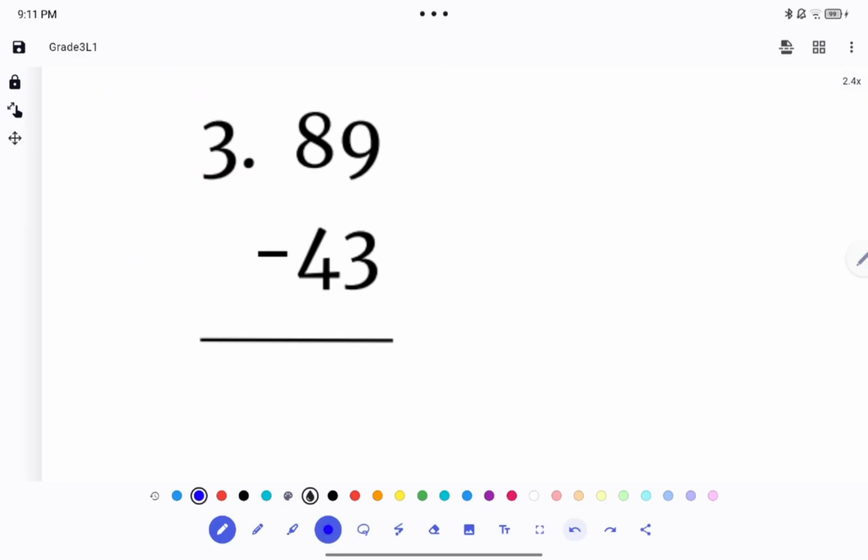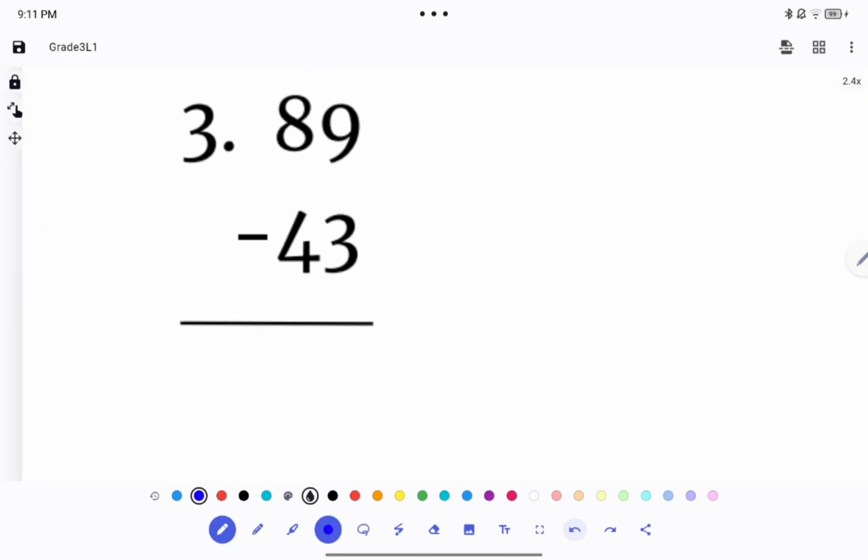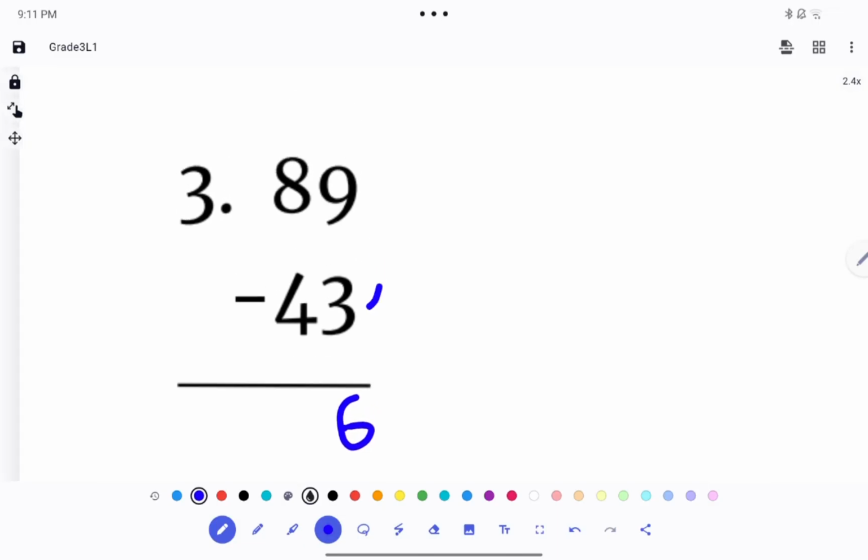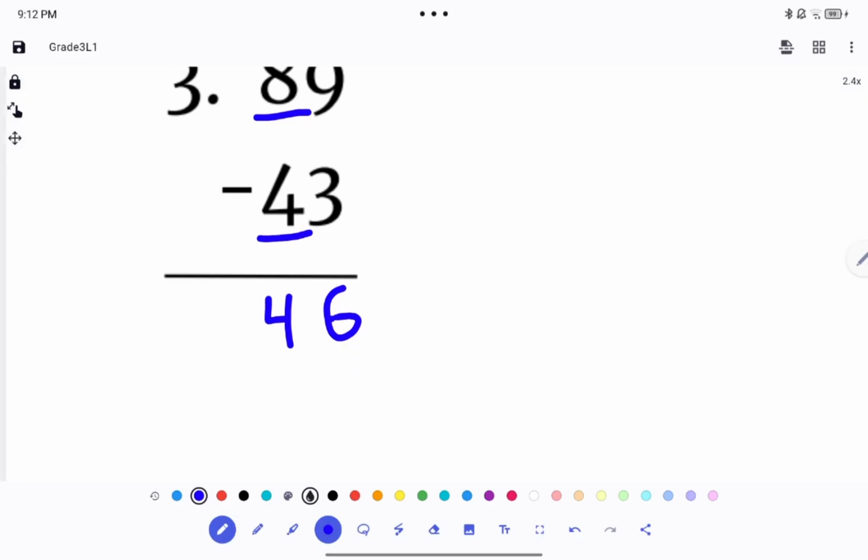Now we move on to 89 minus 43. Alright, so 9 minus 3, we get 6. Since we can fit enough 3 into 9, we can take 3 away from 9 without not having enough to take away. Now we move on to the tens column. 8 minus 4, that's 40, or 4 I guess, in the tens column, which is 46, our final answer.